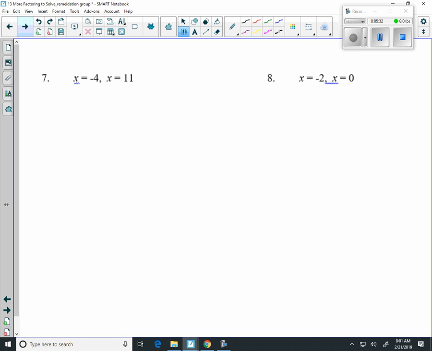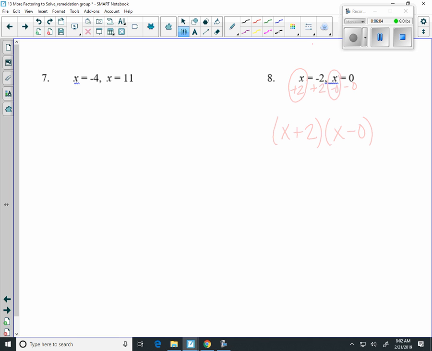Cool. Let's do one more of those, number 8. So I have x equals a negative 2. In order to get everything on the same side there, I'm going to add that 2 over. X equals 0, I'm going to subtract that 0 over. Now this is multiplication, so order doesn't matter. It doesn't matter which order you have your parentheses in.